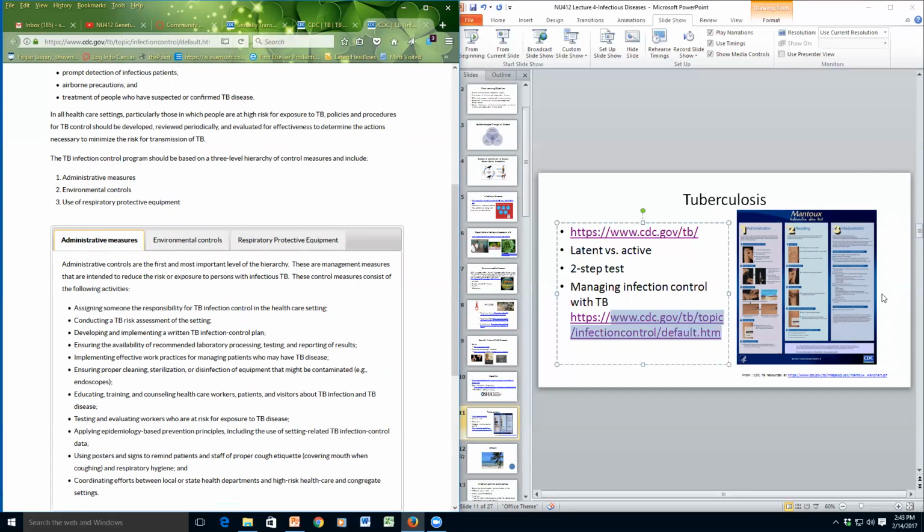On the right-hand side of the slide, you'll notice that many organizations, including long-term care facilities and hospitals, use the tuberculin skin test as a screening test for exposure to tuberculosis. Most facilities are now using a two-step test.